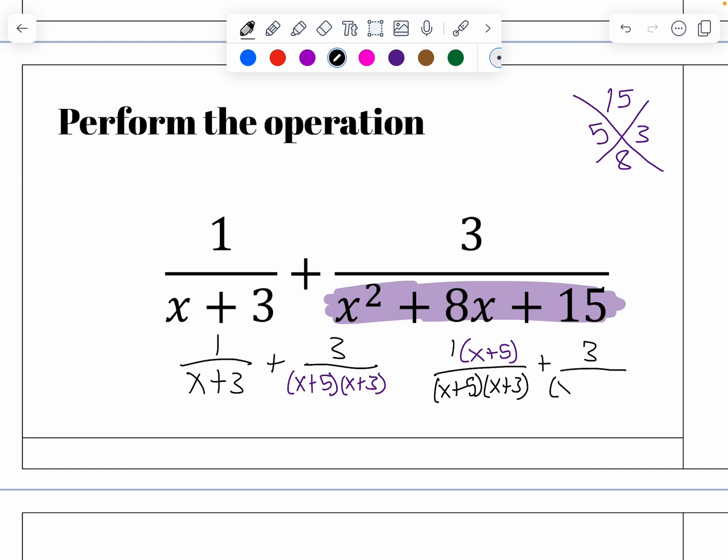I don't have to do anything to the 3 because the 3 already has both pieces of our common denominator. Less work. So now I have x plus 5 plus 3, all of that over my common denominator of x plus 5, x plus 3. Combine like terms: x plus 8 over x plus 5, x plus 3.